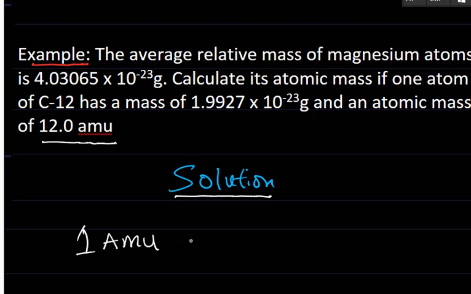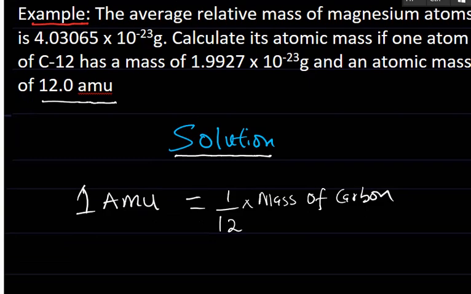But we know that one atomic mass unit is equal to 1 over 12 of the mass of carbon. The question has already given us the mass of carbon, which is 1.9927.